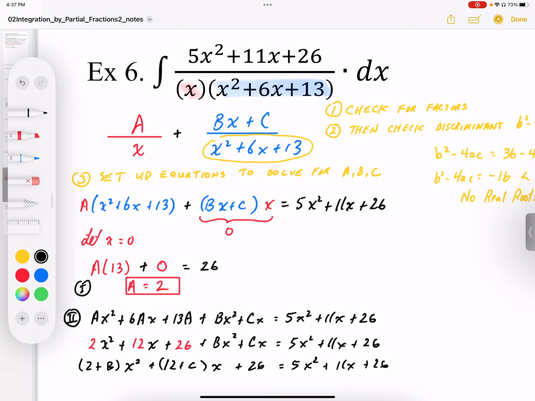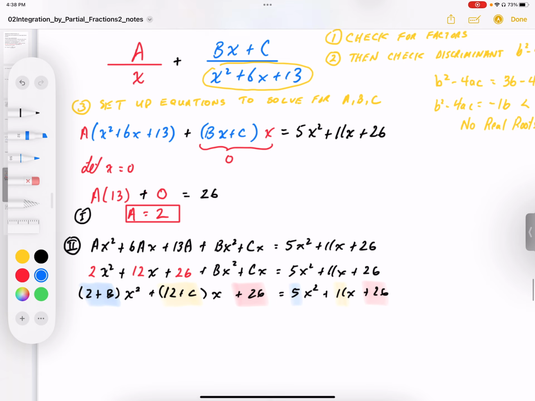I can match my coefficients. My 26 is already matched. I can match my x coefficient 11 with 12 plus C, and match my x squared coefficient, 5, with 2 plus B.